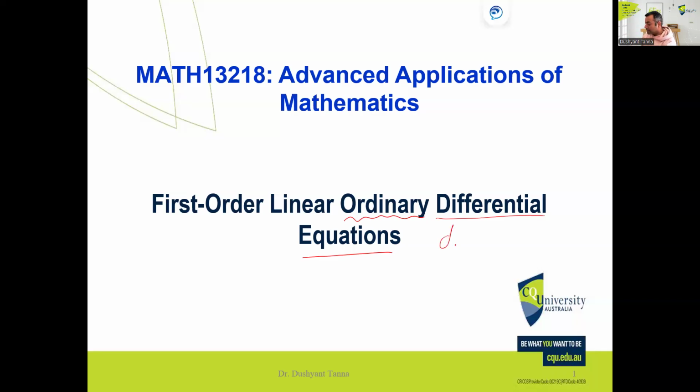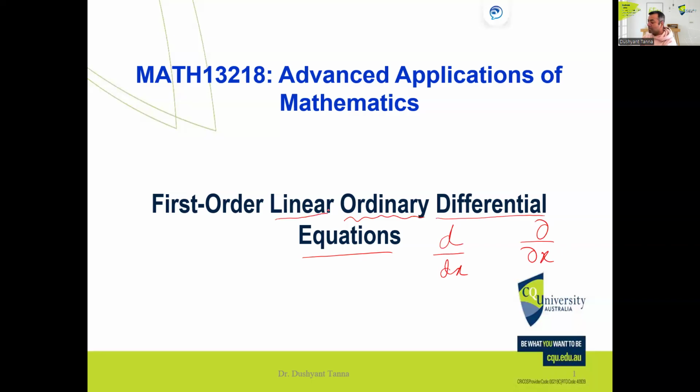Ordinary is represented by d by dx, assuming y is a function of x, while the partial is del by del x, where you are only differentiating everything in x, right? All the y terms are treated as constant. So that's the difference between ordinary and partial differential equation.